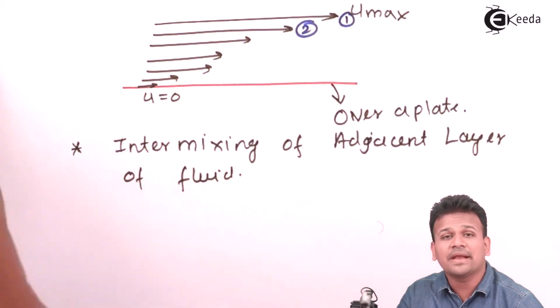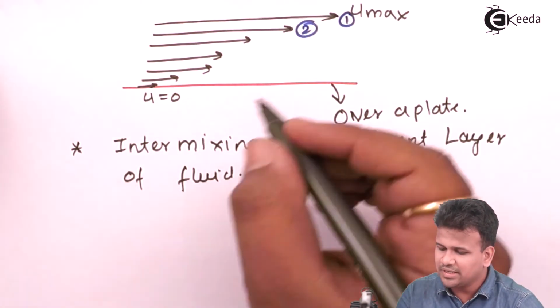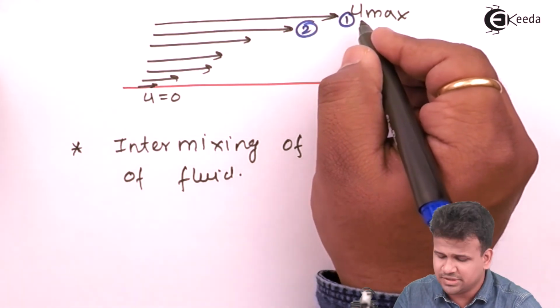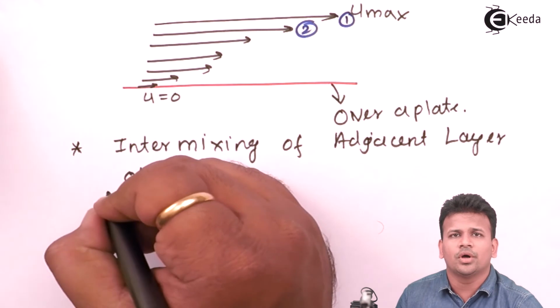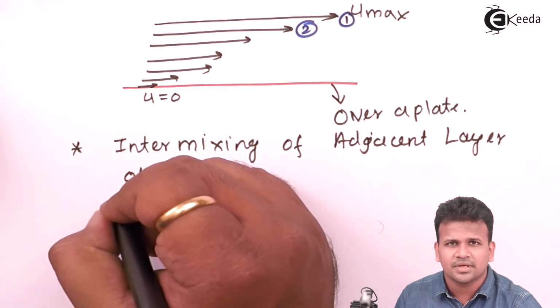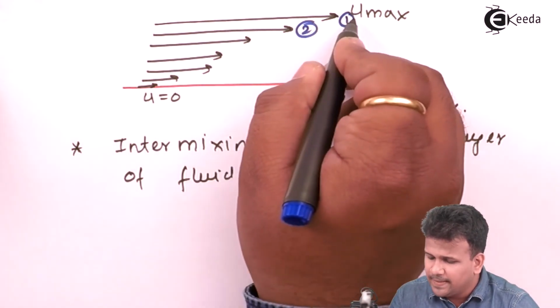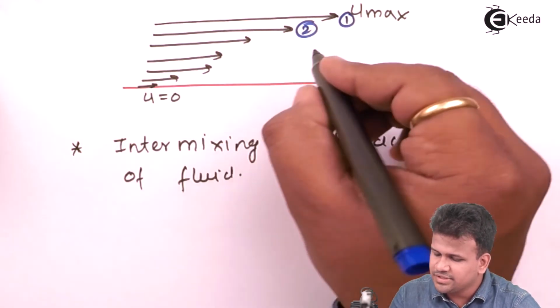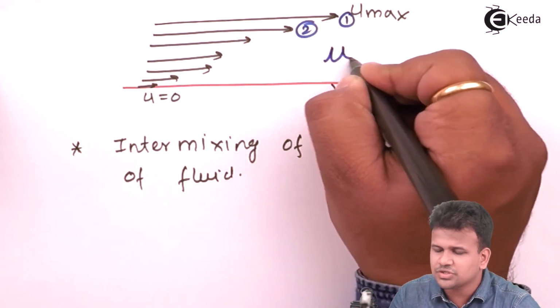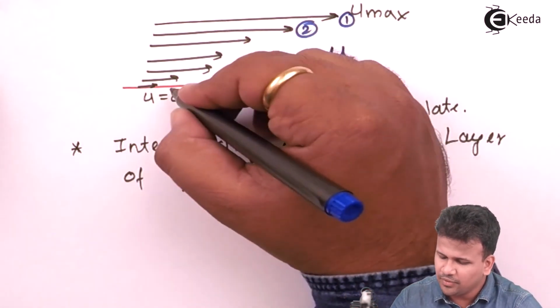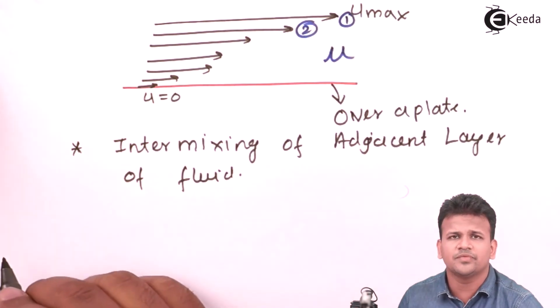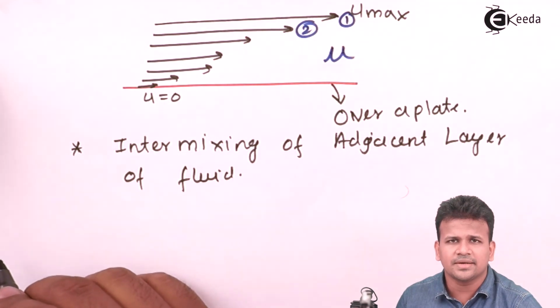They will flow parallel to each other, with layer 1 having the maximum velocity and the bottommost layer having minimum or zero velocity. Now, this velocity gradient is happening due to the viscosity of the fluid. The more viscous the fluid is, the bigger the velocity gradient will be.